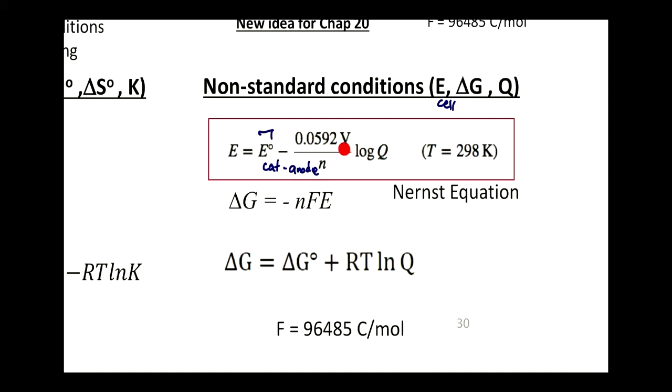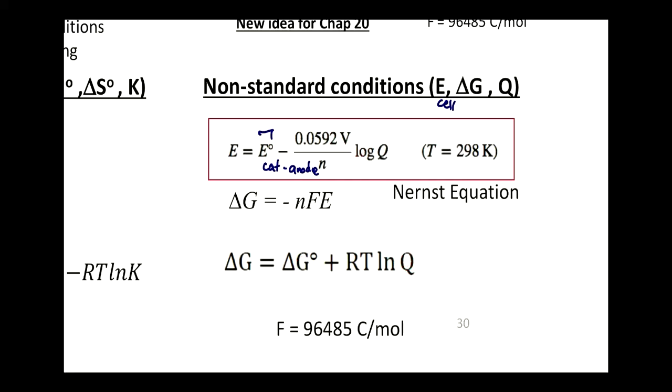If you squint your eyes, doesn't the Nernst equation look very similar to the delta G equation from chapter 19? It's because they are the same equation. To calculate delta G at non-standard conditions, you start with delta G at standard conditions and then just account for the Q, the concentrations that are actually there.